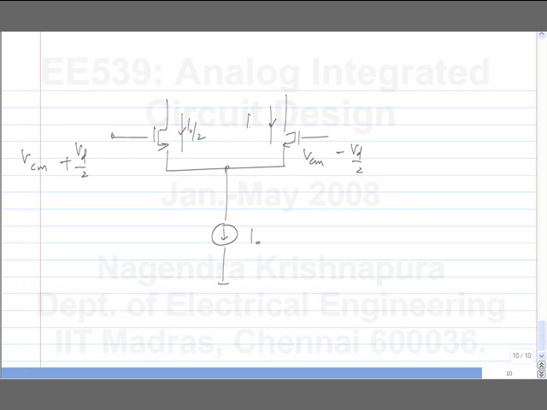As I go on increasing the value of Vd, this current increases and this current decreases. When the current on the right side just reaches 0, the gate-source voltage of the transistor is the threshold voltage. And on this side the current is I0, so it will be Vt plus the overdrive corresponding to I0.